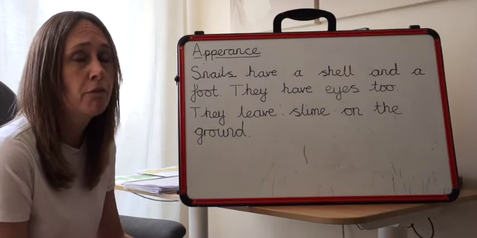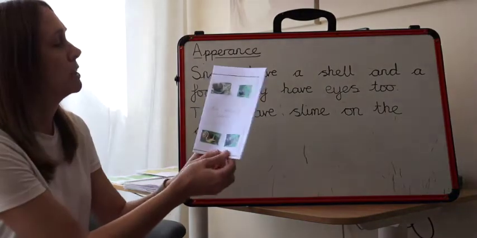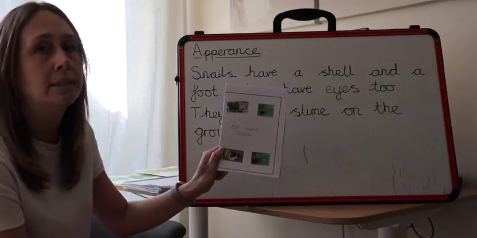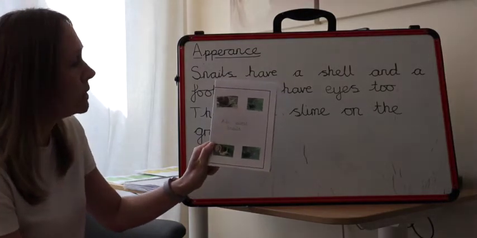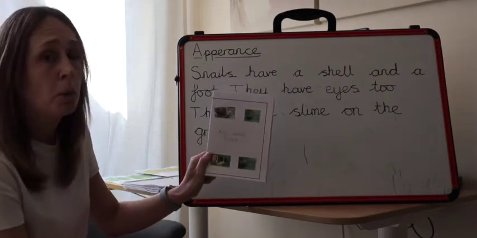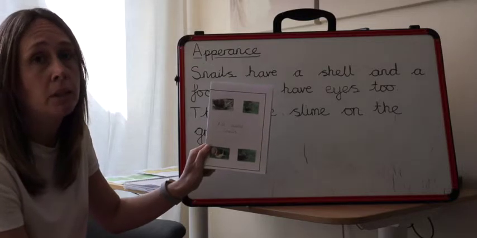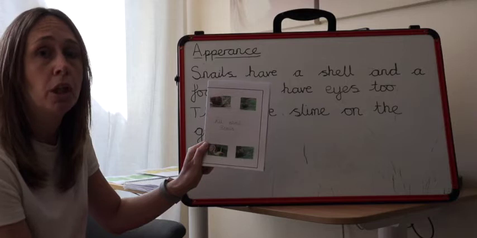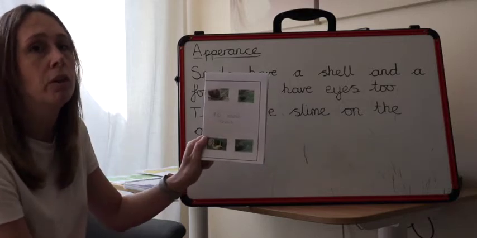So on the front cover of my book, I have put the title. So I have put the title as All About Snails. And then I've printed off some pictures of snails to add to my front cover, and I've put them up here and down here. You can print off pictures of your mini beast that you have done research about, or you can draw pictures. It's up to you how to make your front cover look good.